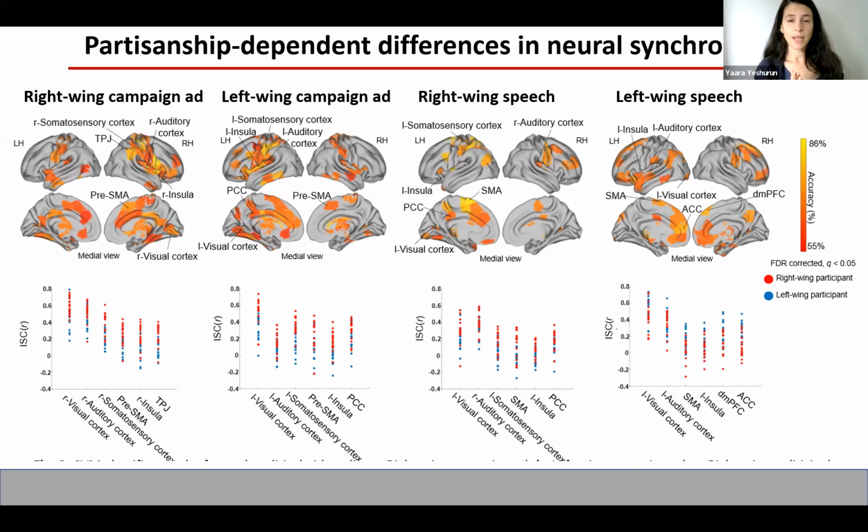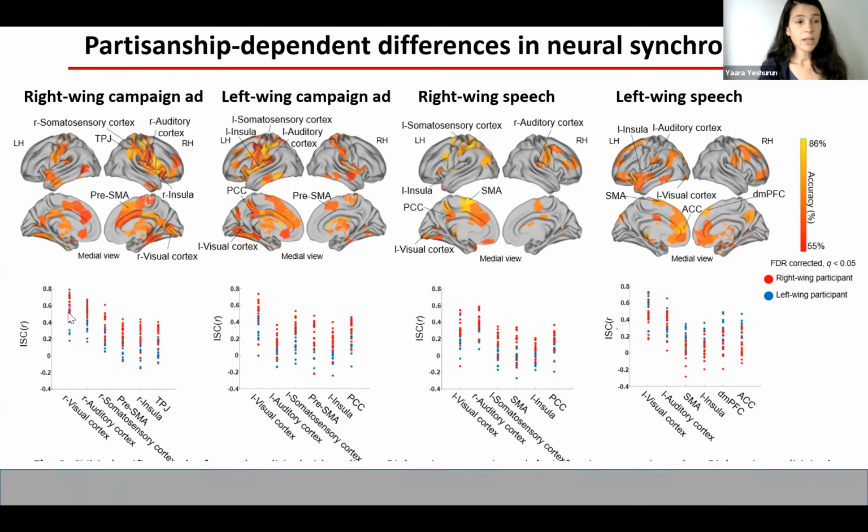Okay, so we had one value, and based on this value, we could identify whether a participant is left-wing or right-wing. And when you look at some regions, for example for the right-wing campaign ad in the right visual cortex, in red are the correlation values of the right-wing participants, and in blue of the left-wing participants.